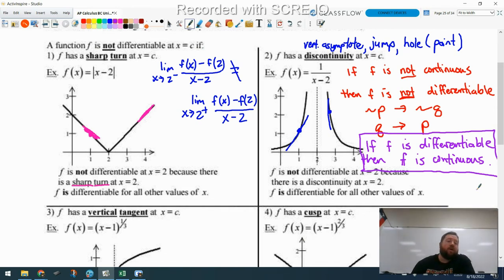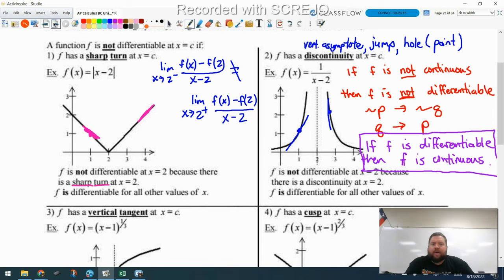What you're able to conclude is that if f is differentiable, then f must be continuous as well. A very powerful relationship there, and it comes from this idea that if f has a discontinuity, it is also not differentiable. And so we can use what we learned in geometry, the contrapositive, to make a second statement that's also true. If f is differentiable, then f is continuous.